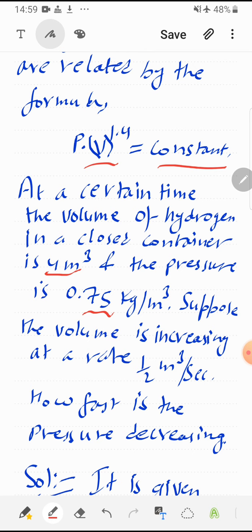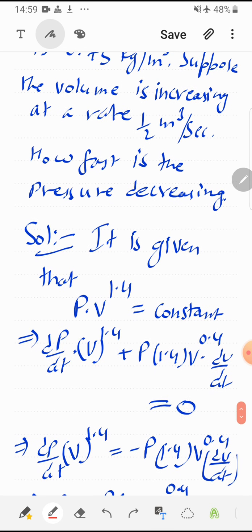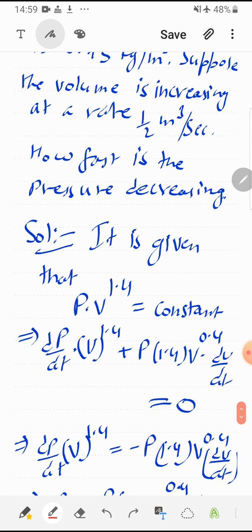Now suppose the volume is increasing, that means the rate of change of volume is given to us, half meter cube per second. So how fast is the pressure decreasing? So let us start this. Now two variables are there and we have no direct relation between pressure and volume. So no problem, we will differentiate with respect to time, treating them like x and y.